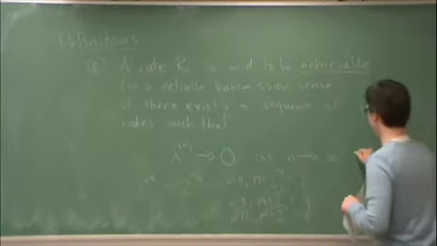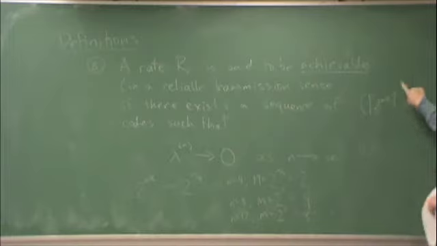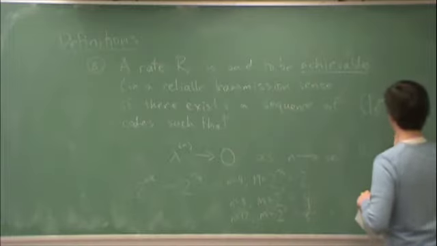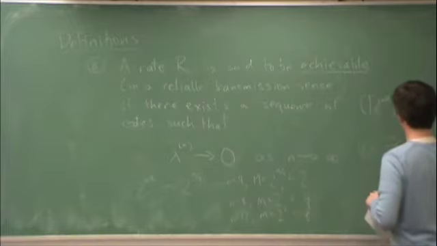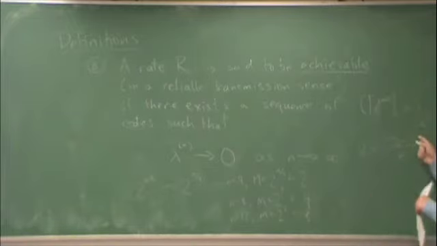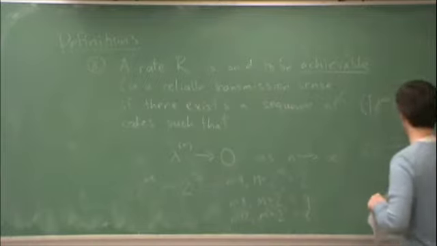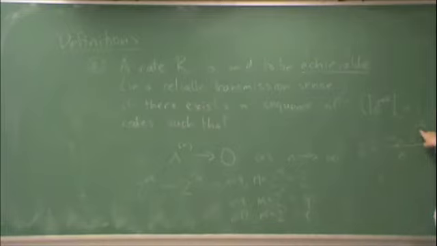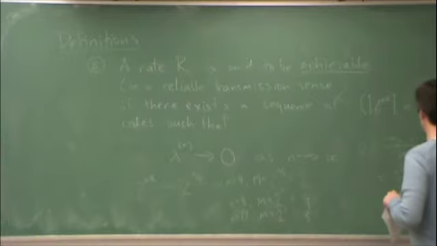Remember my rate, assuming this is an integer, just get rid of the ceiling, rate is equal to log 2 of 2 to the NR, divided by N. Log 2 of 2 to the NR is equal to NR over N, which is equal to R.